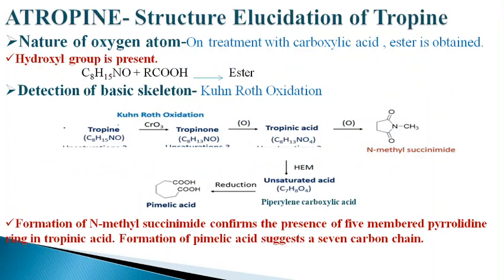Next step is the nature of the oxygen atom which is present in tropine. As tropine contains one oxygen atom, what is the functionality of this oxygen atom? It is determined by chemical reactions. Tropine on treatment with carboxylic acid forms an ester, which means that a hydroxyl group is present in tropine.